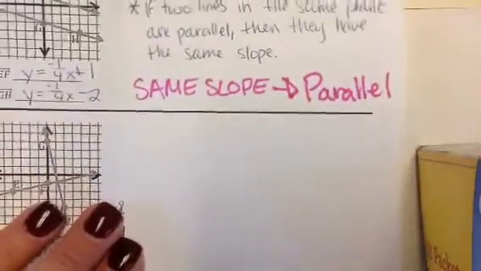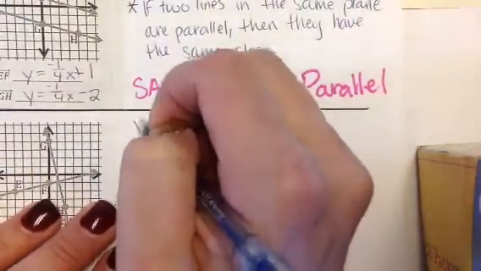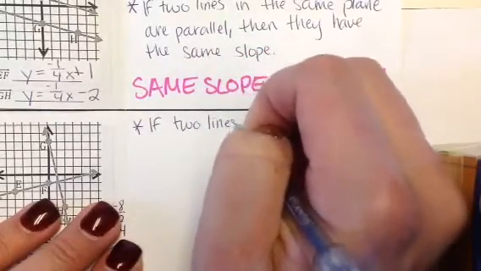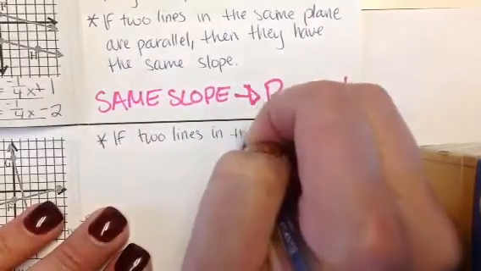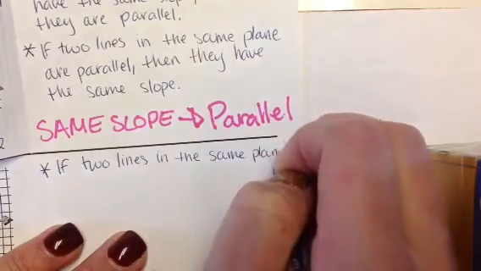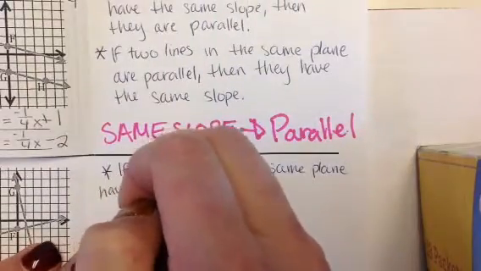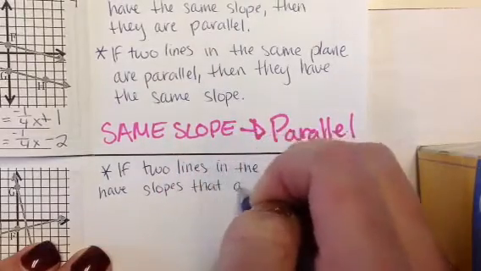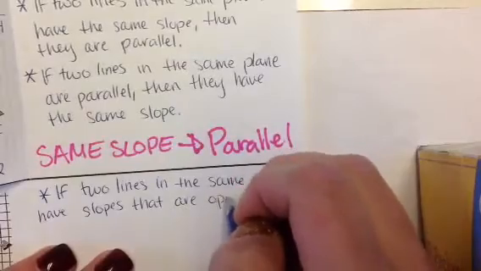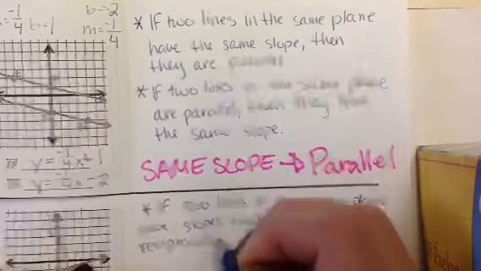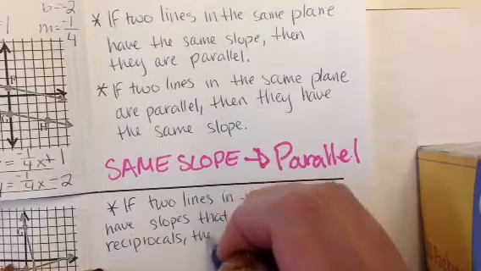So we can take some notes here. We can say that if two lines in the same plane have slopes that are opposite reciprocals, then they are perpendicular.